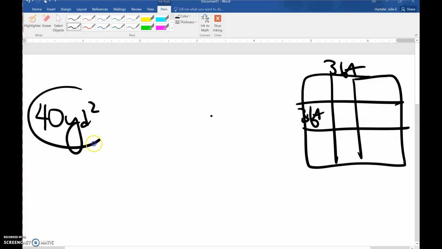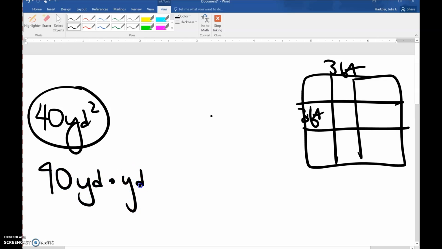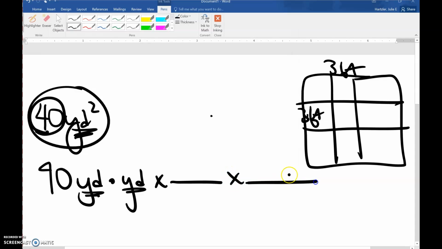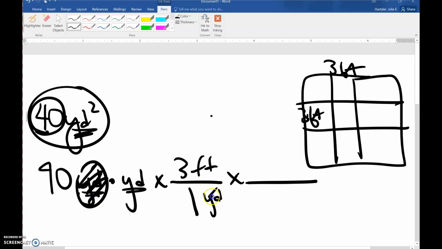So the easy way to do this when you have units that are squared is just write it twice. You only have the number 40, but your unit is squared, not the 40. So then you can do dimensional analysis with that. Just do it twice. So this yard is on top, so put yard on bottom. And there's 3 feet in that yard, so I canceled one of my yards.